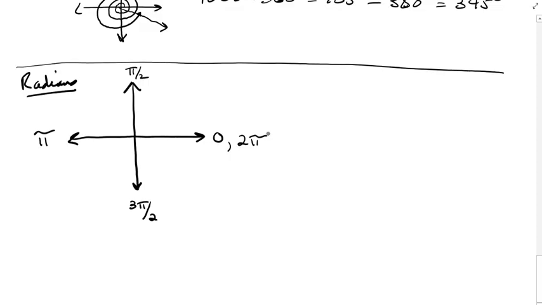Now, the hardest part is actually working with the fractions. In other words, if I were to give you an angle, so suppose I gave you pi over 12. Well, where does that angle fall? Obviously, it's greater than 0. And is it smaller than pi over 2? Well, yes.